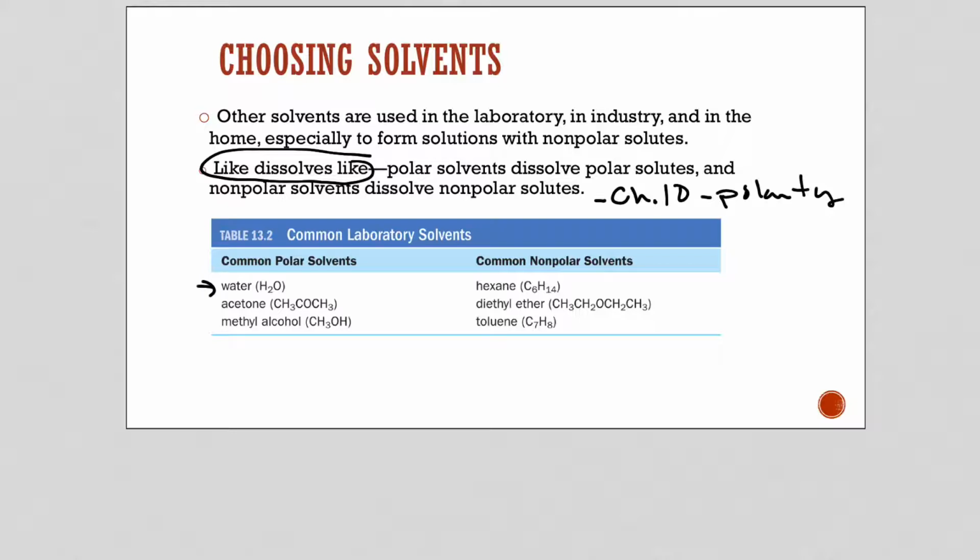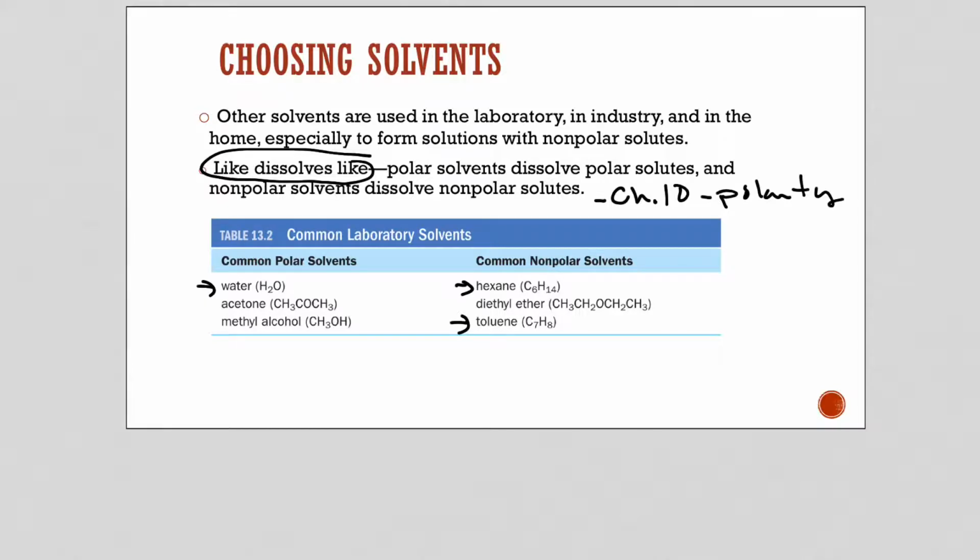The most common polar solvent is going to be water. Now, there are other polar solvents like alcohols, like ethanol and methanol, or acetone, which I think you've probably all heard of. But if we want to dissolve something like oil or other non-polar materials, we need to use a non-polar solvent to do that. Something like hexane or toluene or various other non-polar materials.